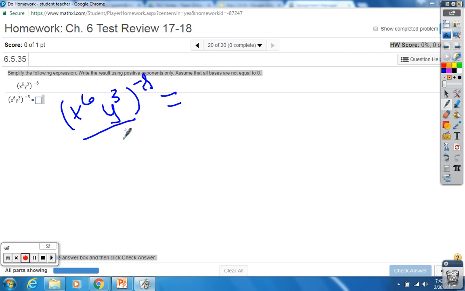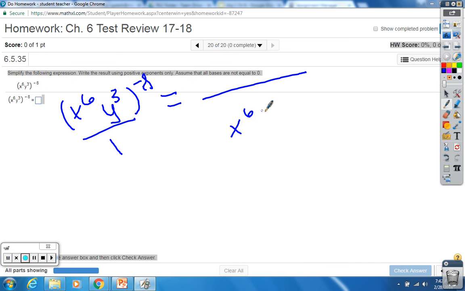Just like last time, originally all of our stuff here, x to the 6th, y to the 3rd, all to the negative 8th power, is all over 1. If I was going to change that negative exponent of negative 8 into a positive 8, I'll have to change the side of the fraction that it's on. So in this case, I'll have to move it down here.